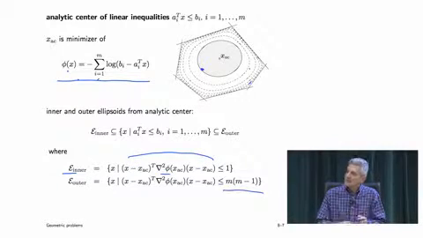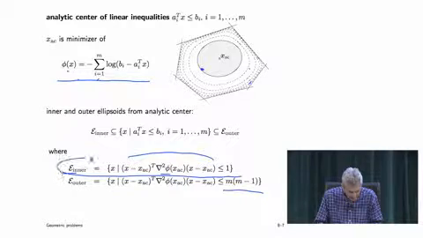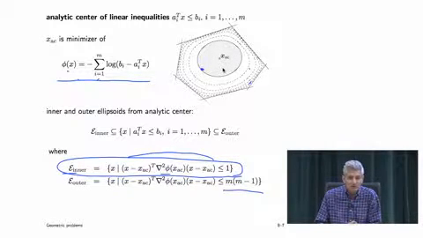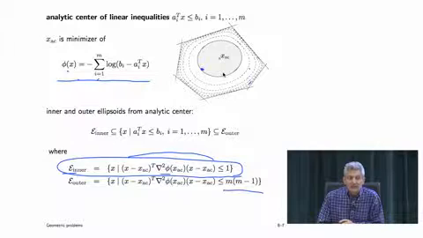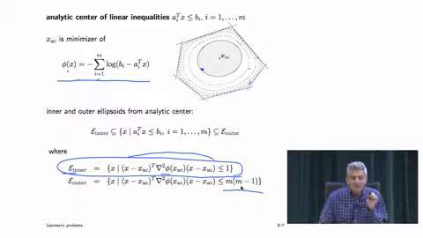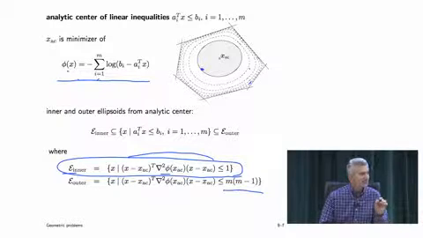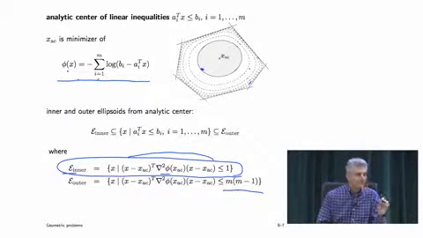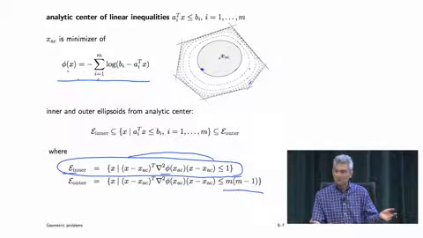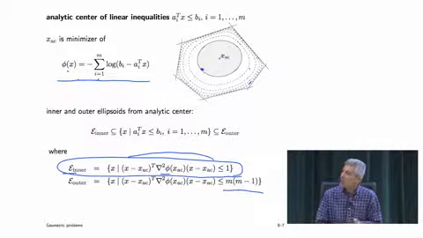It says that if you take this ellipsoid, shown in dark shading here, it is inside the set, and if I expand it by a factor m, which is, by the way, not the ambient space dimension but the number of inequalities, it covers the set. The number of inequalities is at least n plus 1, because it takes n plus 1 inequalities in R^n to get a bounded region, and if you have n plus 1, you have a simplex. So this is a worse approximation ratio.